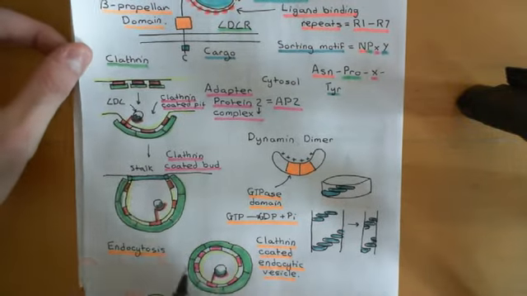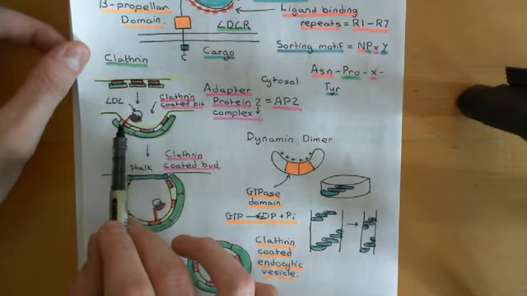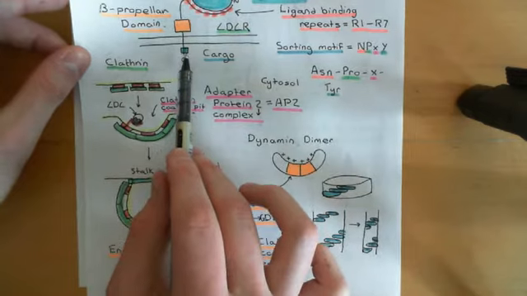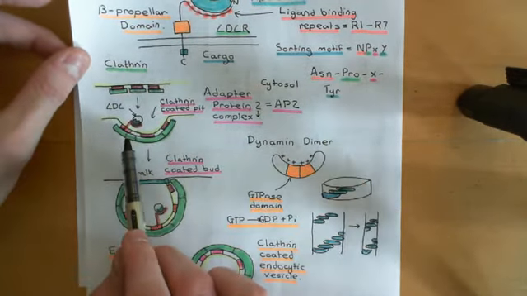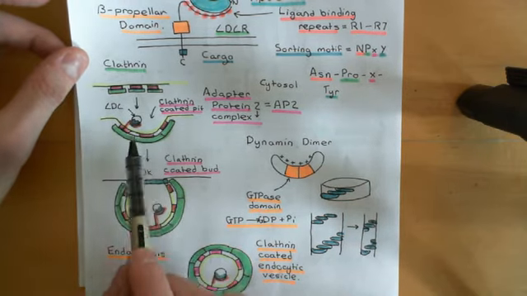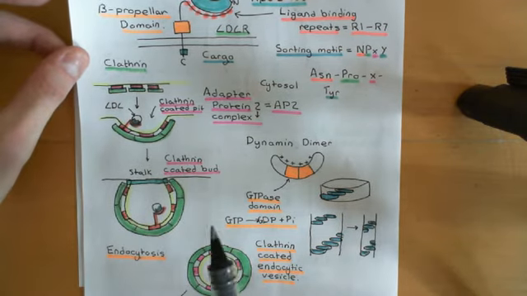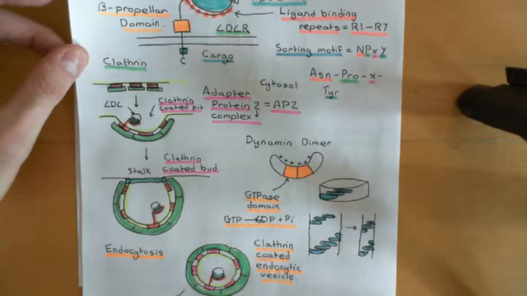So remember, in order to get your LDL receptor to localize in these portions of plasma membrane which are being endocytosed, you need this sorting motif here, because this sorting motif is what binds to the adaptor protein complex 2. It's very essential that that sorting motif is intact for you to get a decent amount of LDL endocytosed.